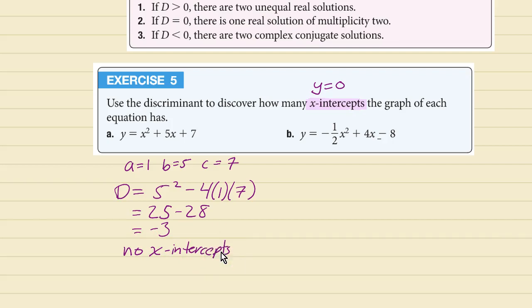Because if you were going to solve this equation with a 0 here equals all of this stuff, then using the quadratic formula, you would end up with the square root of negative 3, which gives you complex solutions but no real solutions. I'll let you do B here on your own. And in the next video, I'll do one more tricky kind of problem.